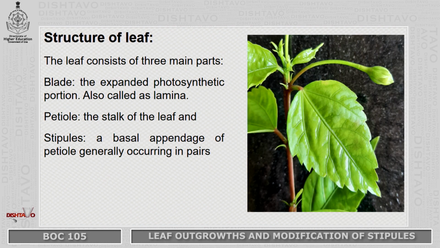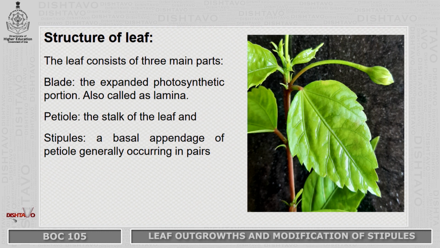So, to begin with, we need to familiarize ourselves with the structure of the leaf. The leaf basically consists of three main parts. It is the expanded part of the leaf, the green part of the leaf, what is also called as the blade or the lamina, and it is the photosynthetic part of the leaf.